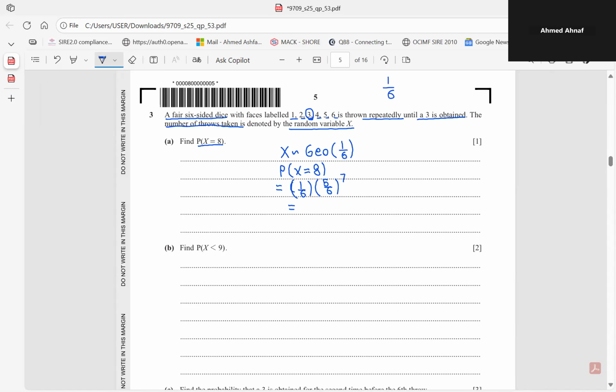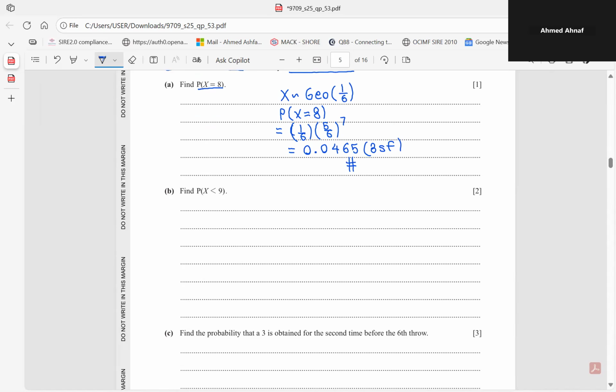I'll just type this into the calculator. Okay, you would get 0.0465 to 3SF. So this would be our final answer for this part. Let's head on to the next part.